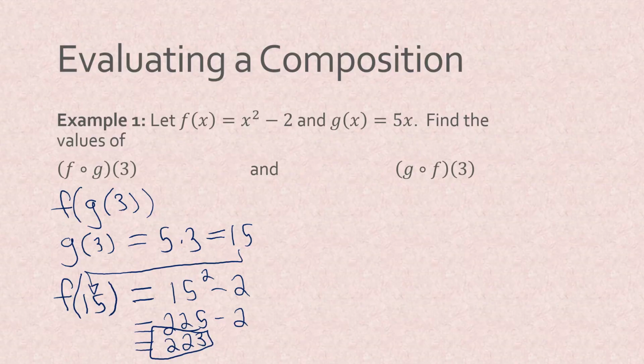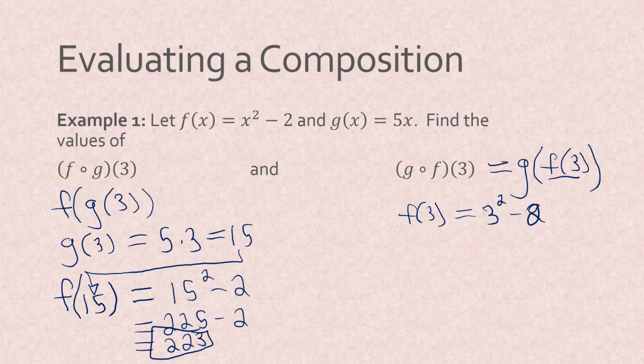Now, similarly, on the other side, g composed with f of 3 is rewritten as g of f of 3. And now, instead of finding g of 3 first, we find f of 3 first. So f of 3, if we look at our definition, is just 3 squared minus 2, or 9 minus 2, or 7.